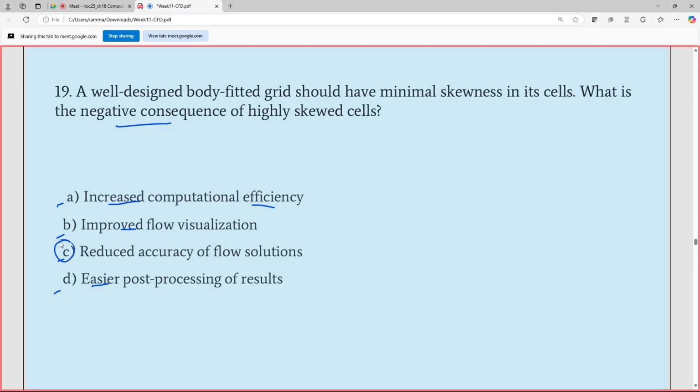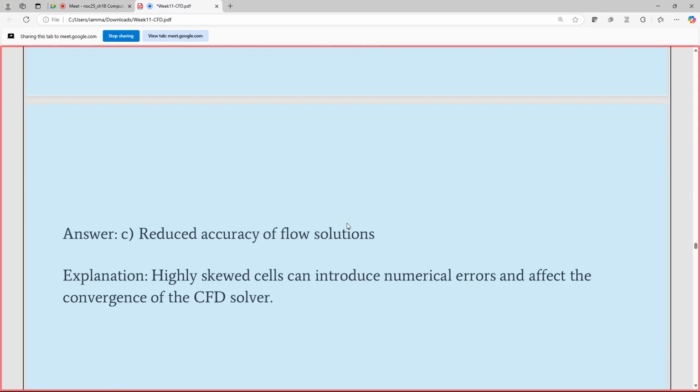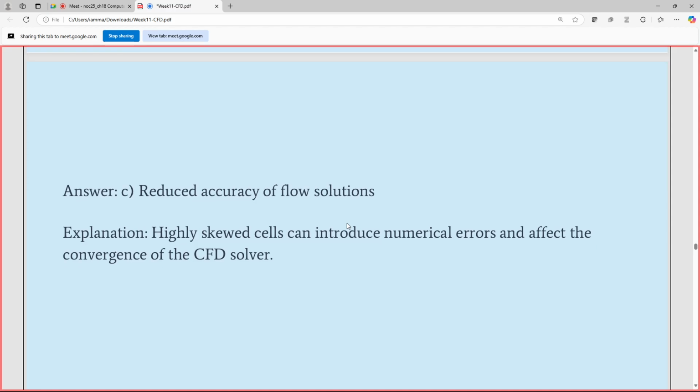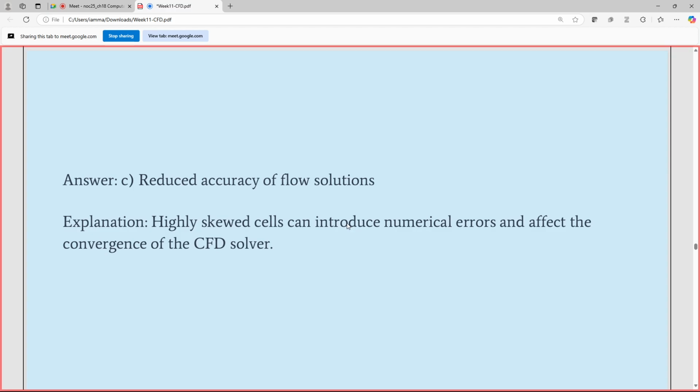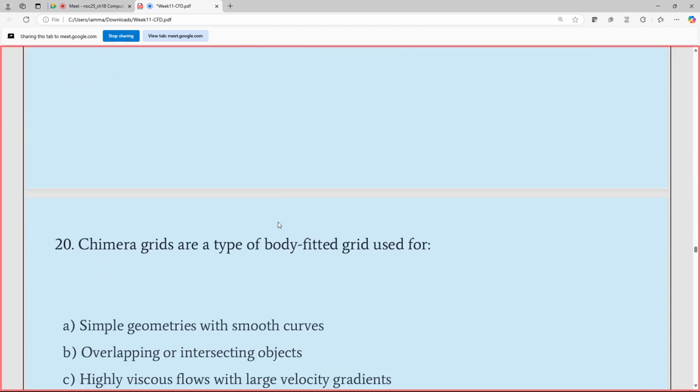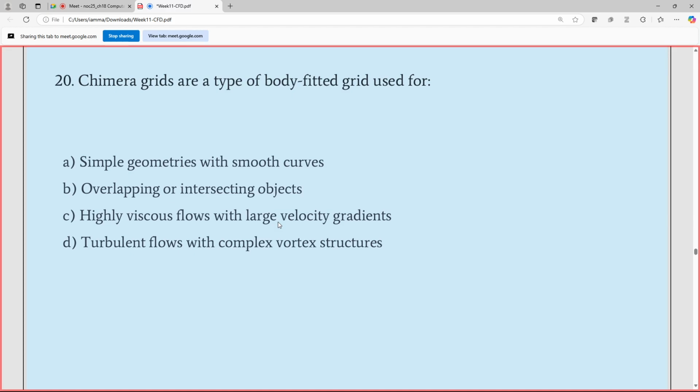Our answer is option C, reduced accuracy of flow solutions. That is the negative consequence of highly skewed cells in a mesh, because highly skewed cells can introduce numerical errors which can affect the convergence as well as the accuracy of the CFD solutions. Moving on to the next question.